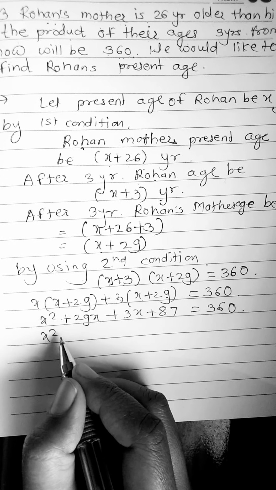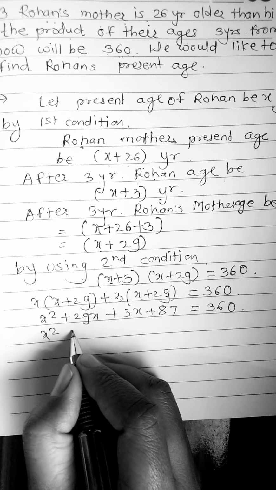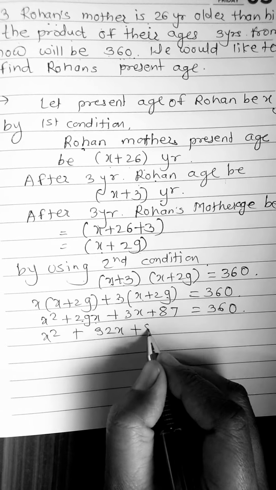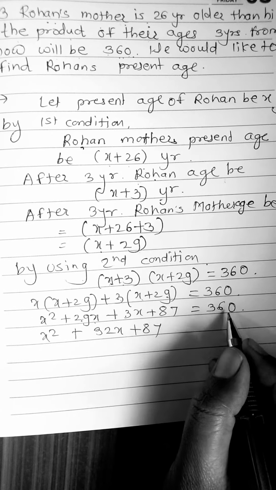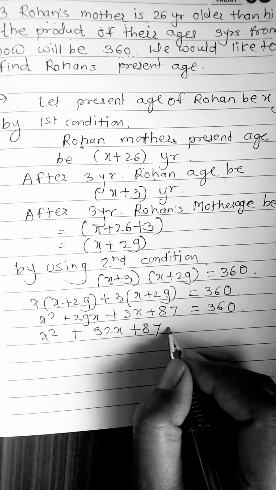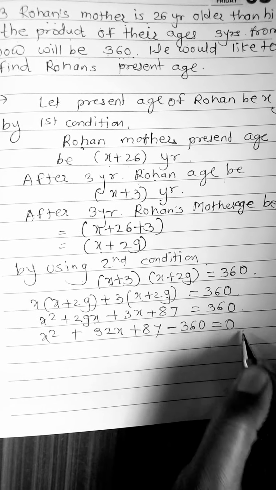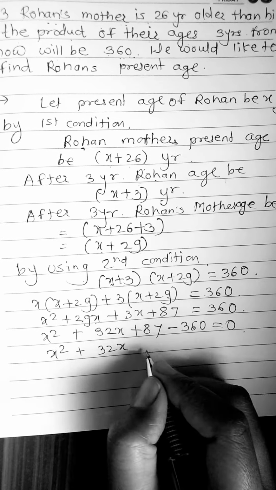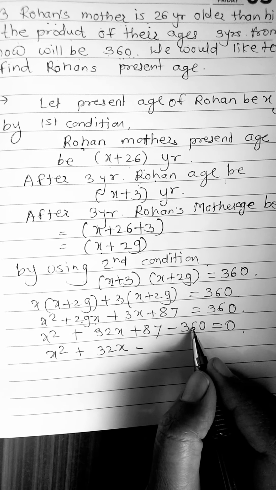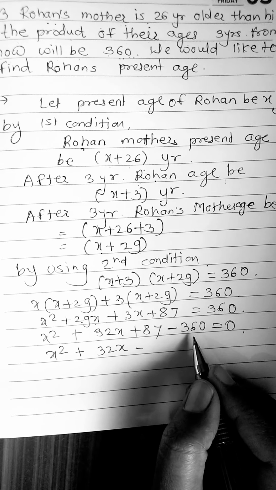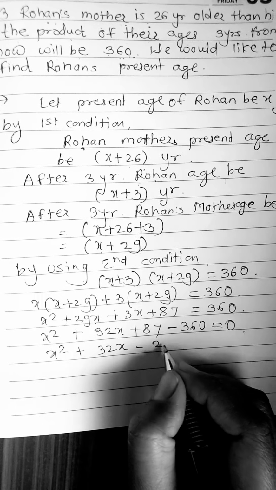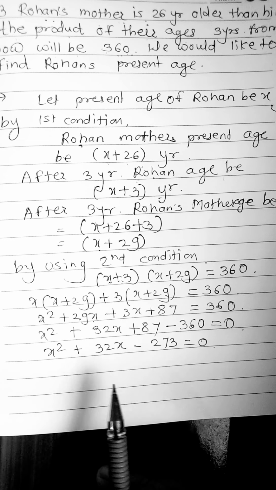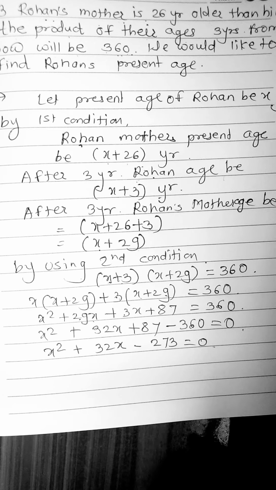So x square plus 29 plus 3, 32x plus 87. Here we change the sign of 360, that is minus 360 is equal to 0. That is x square plus 32x minus, we subtract 87 from 360, so we get 273 is equal to 0. So finally we get x square plus 32x plus 273 is equal to 0.